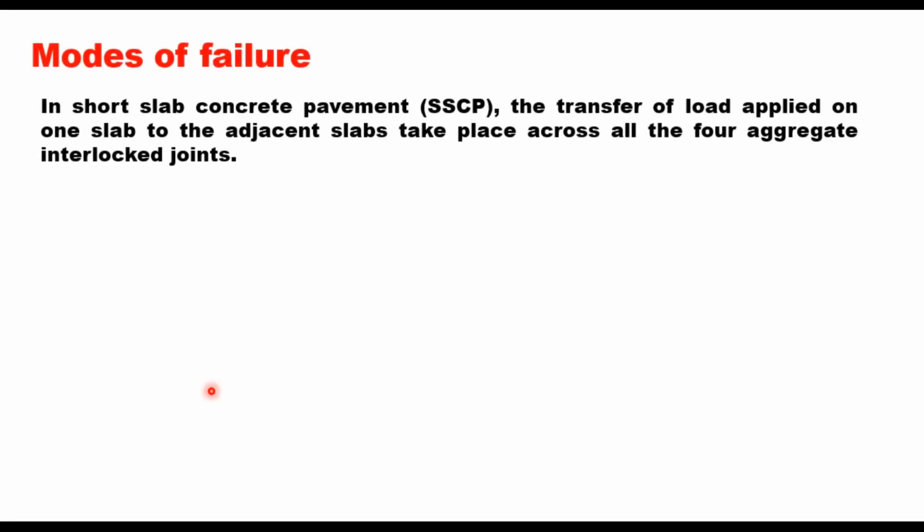Modes of failure. In short slab concrete pavement, the transfer of load applied on one slab to adjacent slab takes place across all the four aggregate interlocked joints. And therefore, no dowel bars are required in case of short slab concrete pavements. In case of conventional large slab considered in IRC 58, one edge is longer and this larger edge is more prone to cracking.